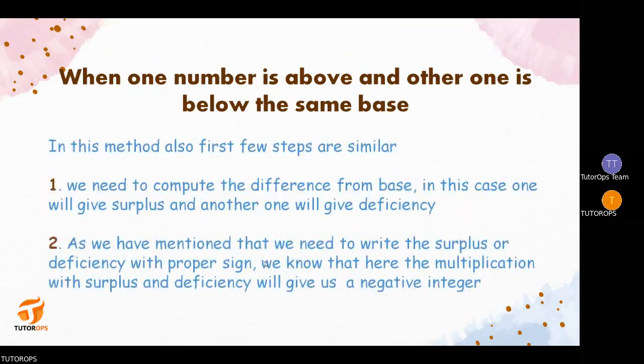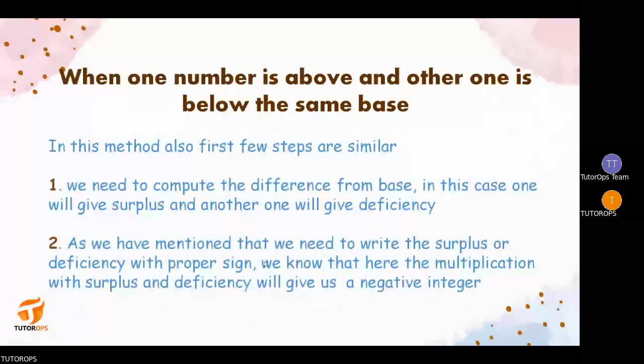Now, if I have given another case, that is one particular number for the same base case, I am not going for the different base. For the same base case, if I have given that one number will be above the base and one number will be below the base, then what can be done with this scenario?